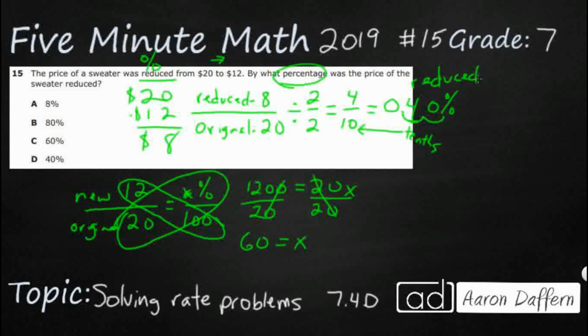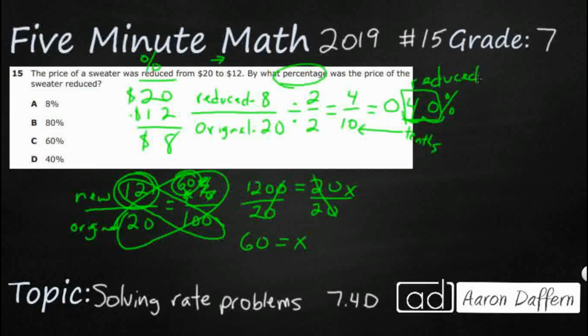So I can replace this with 60, so 60 out of 100, which makes 60%. But this is what that 60 does for us. You notice I got a 60 here, and I got a 40 here. And they both added together make 100, but this is where it needs to get tricky if you're going to use this proportion. What I did was this $12, because that's the new price.